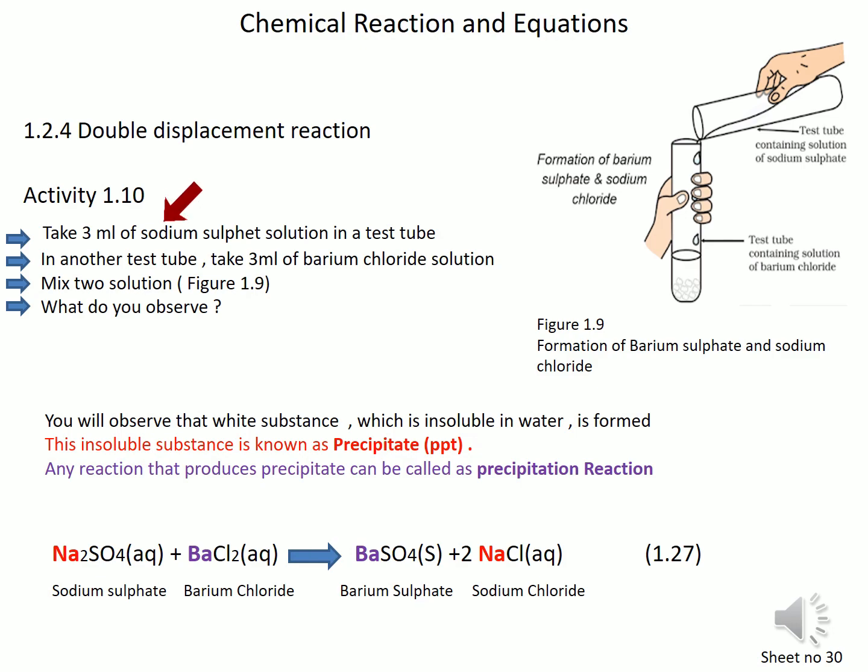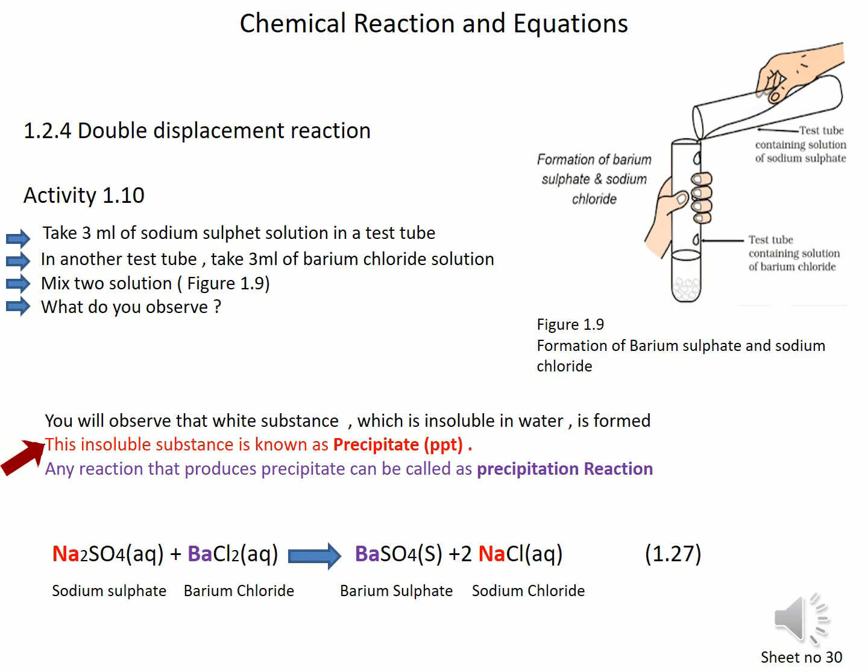Now let us see activity 1.10. Take 3 ml of sodium sulfate solution in a test tube. In another test tube, take the same amount, 3 ml, of barium chloride solution. Now mix these solutions. You will observe that a white substance which is insoluble in water is formed.